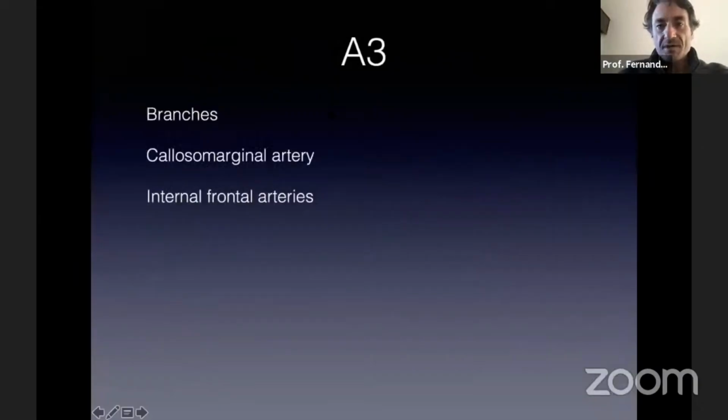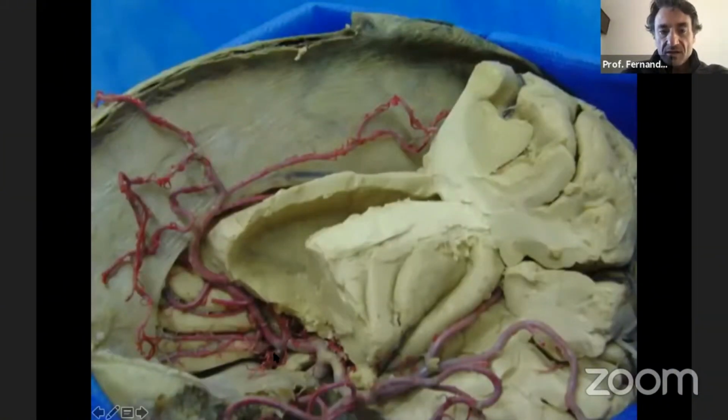The A3 part is the precallosal part and gives rise to the callosomarginal artery and internal frontal arteries. In this anatomic specimen, we can identify here A2, here A3, and in this case, we can see from the right side the callosomarginal artery here, originating from the A3 part, and we can observe here a variation.